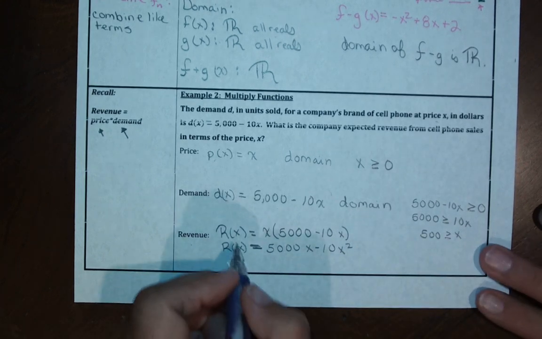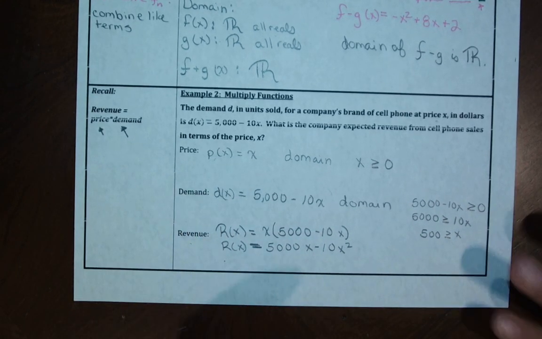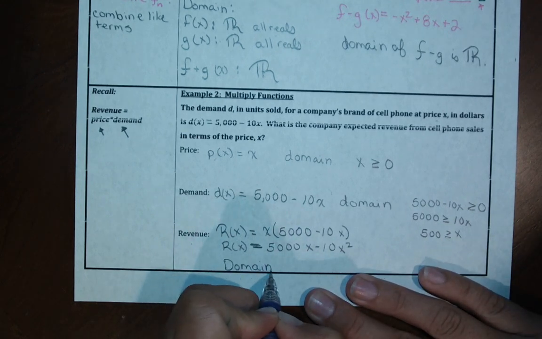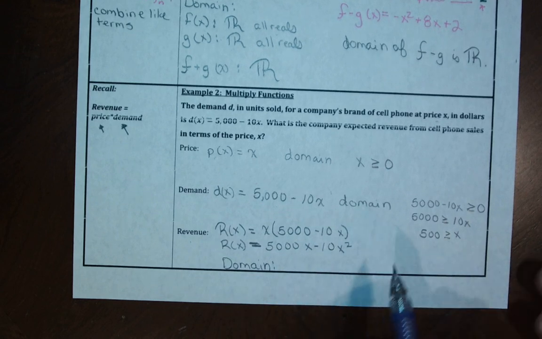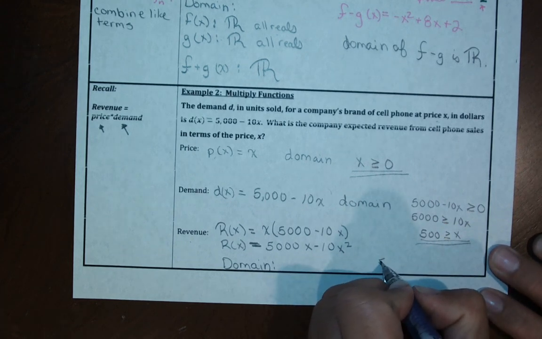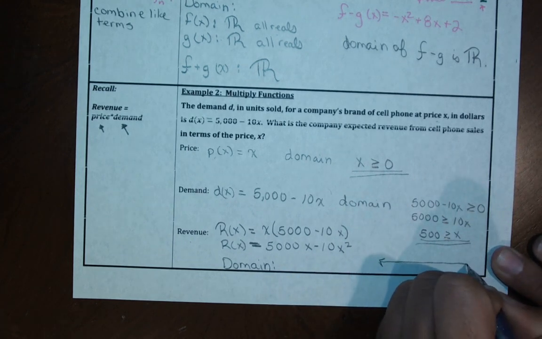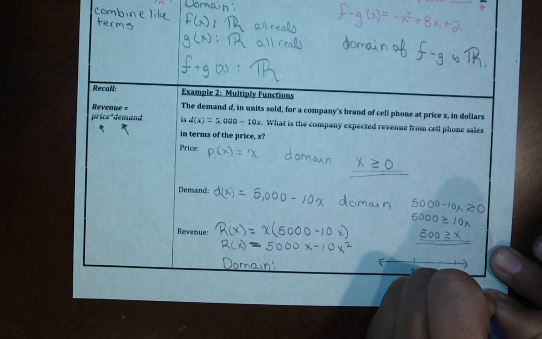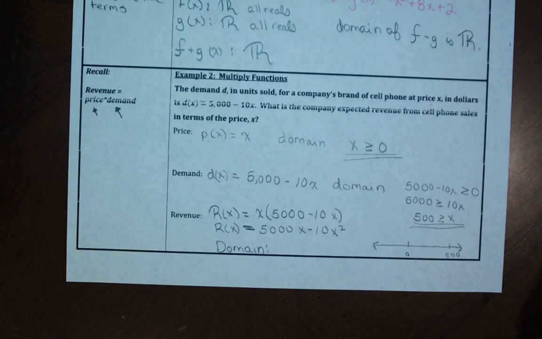Now the domain of my revenue is going to be where this and that overlap. So it's going to be where my P of X domain and my D of X domain overlap. Okay, so let's look at that.